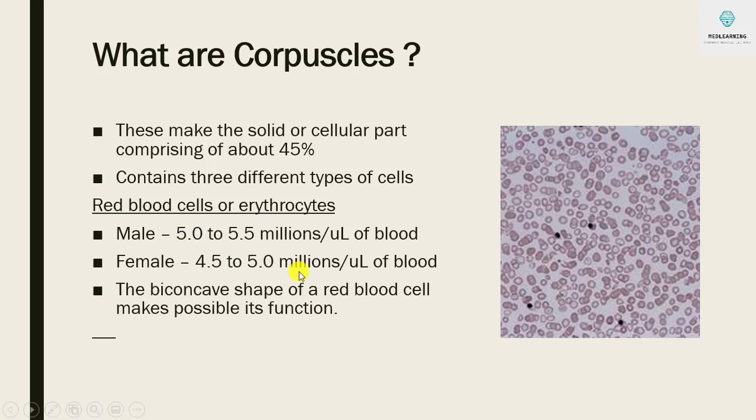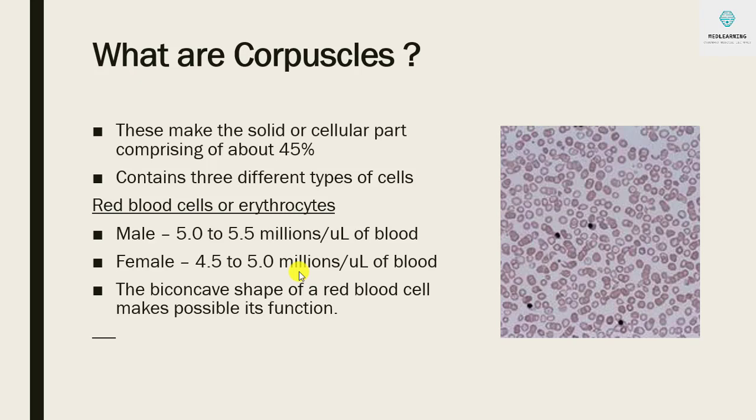A microliter is a very small portion of a milliliter, and it further has 5 to 5.5 million cells in the blood. So it is a fairly big amount of cells that are present within the blood.